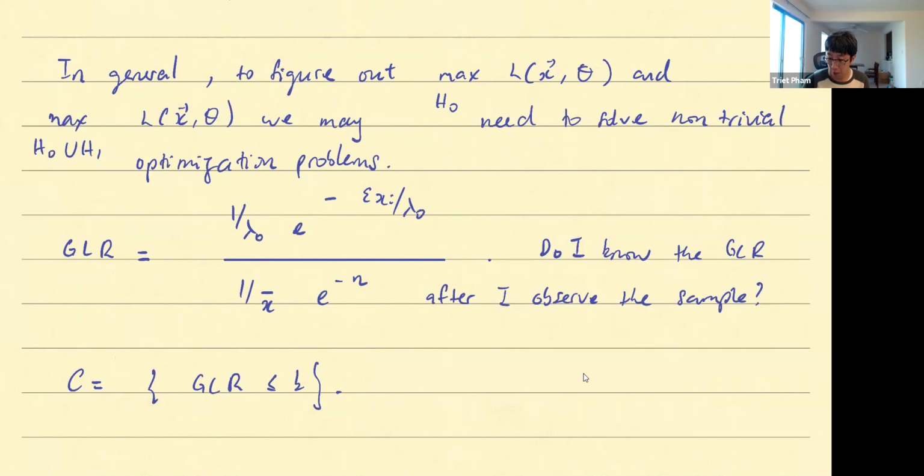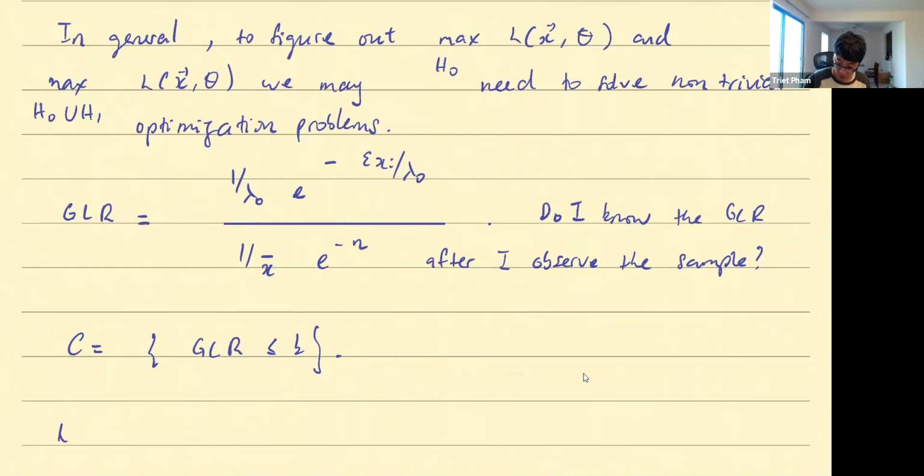This depends on the sample. I tell my supervisor, look, compute this, and reject it when it's small. But then what's the next question? At this stage, what's the next question I should ask?